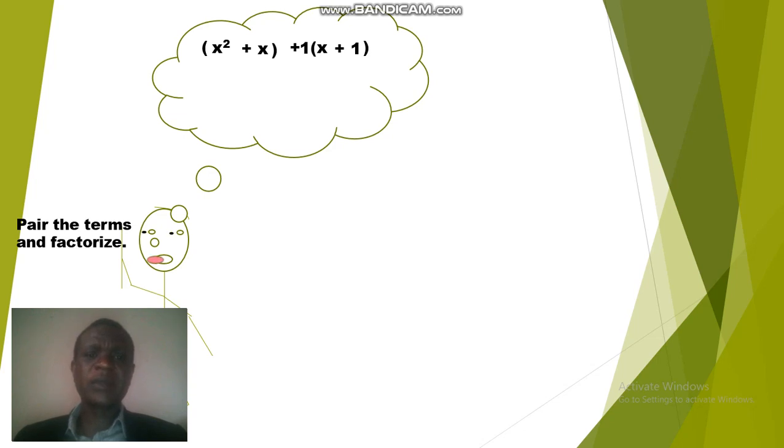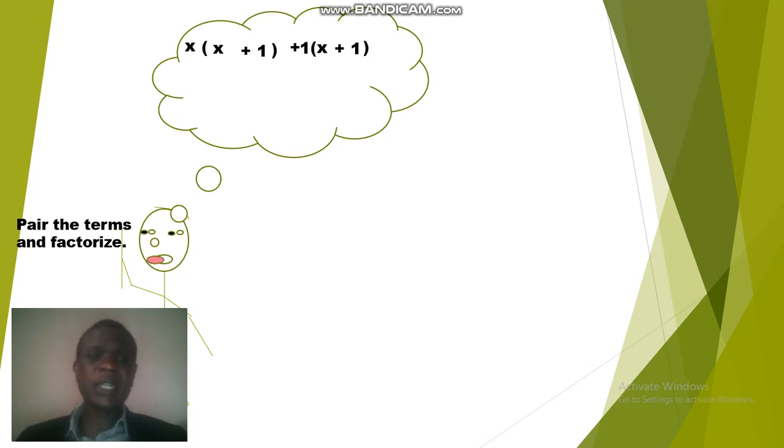So x squared plus x is paired together, and x plus 1 is also paired. Factorizing x outside the bracket, we remain with x plus 1. And now you can see the two identical brackets, x plus 1 and x plus 1.